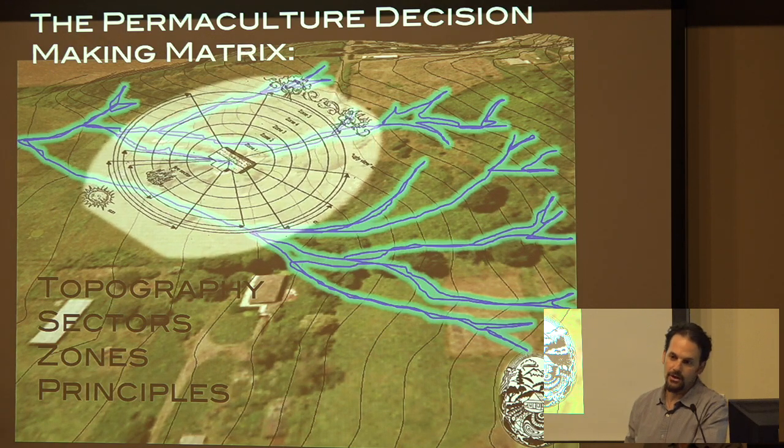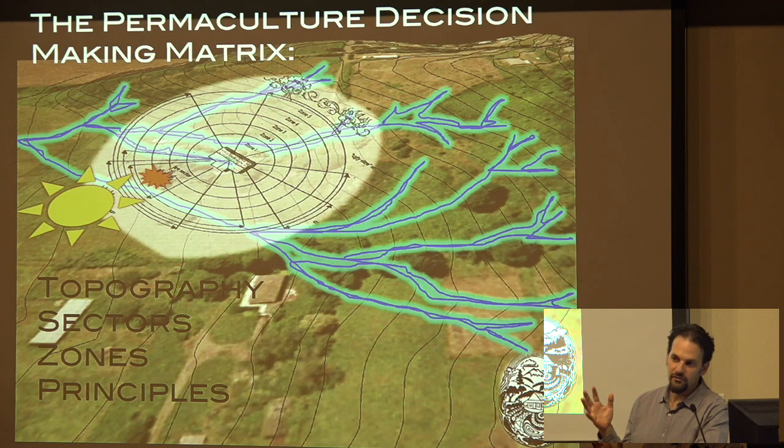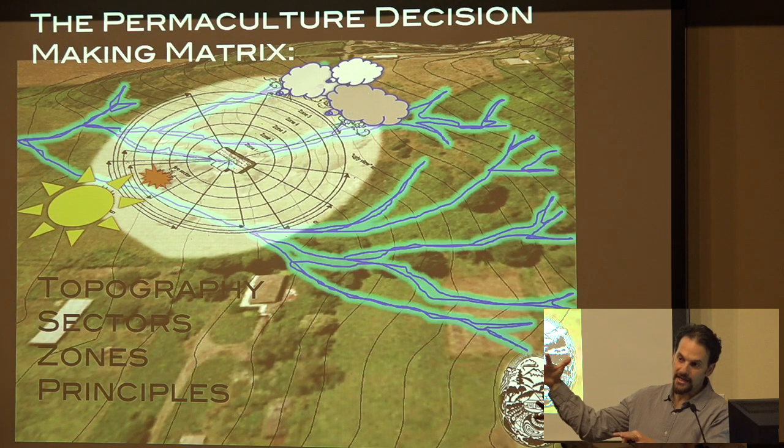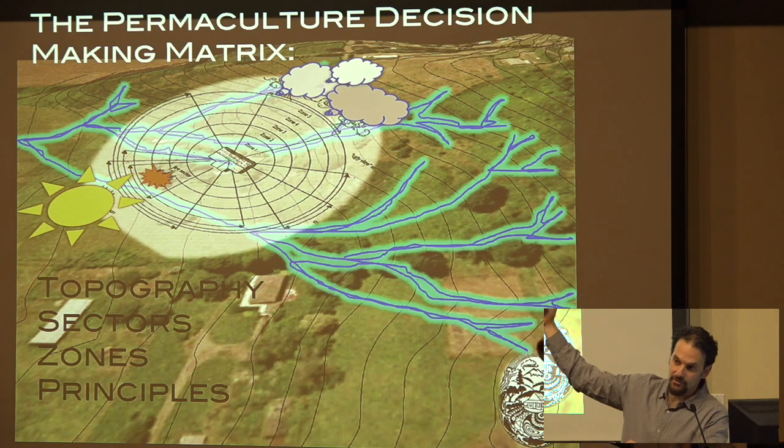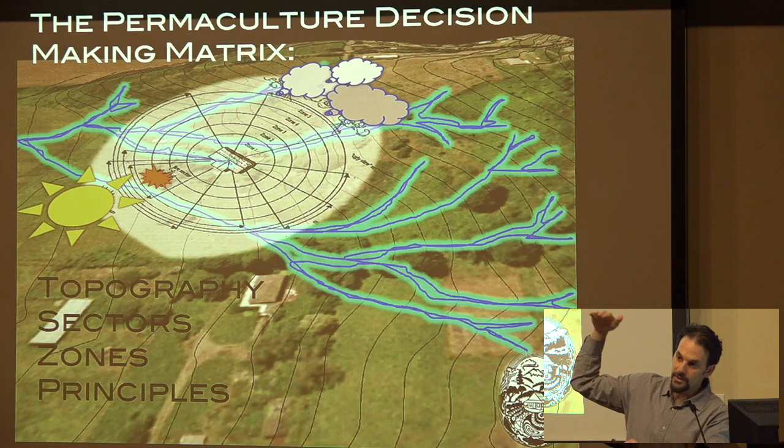Next, we have a thing that we call the sectors. Now, the sectors map forces that come from outside of a site into a site. So the sun is a directional force we can map. We know where the sun rises in the wintertime, and we know where the sun is in the sky throughout the different seasons, and then where it sets, right?